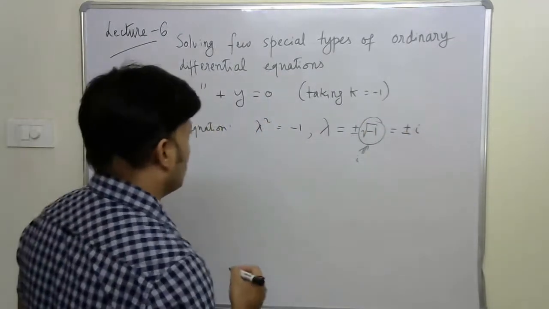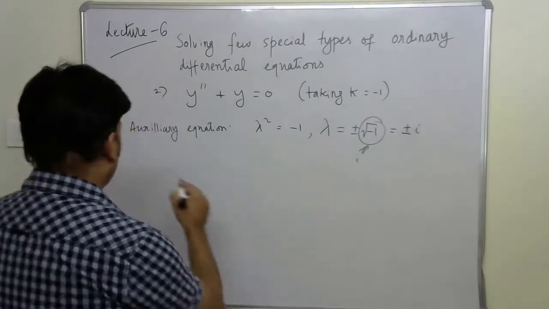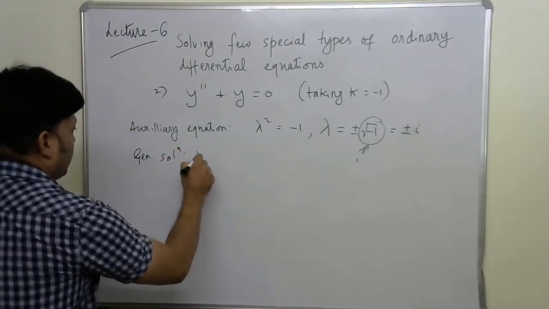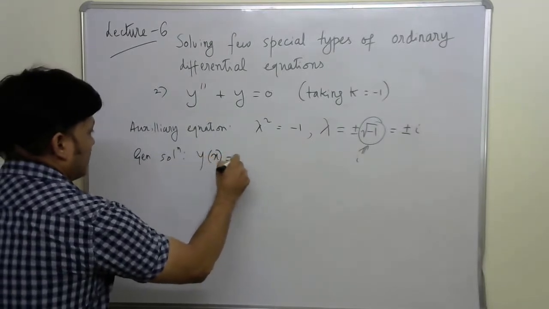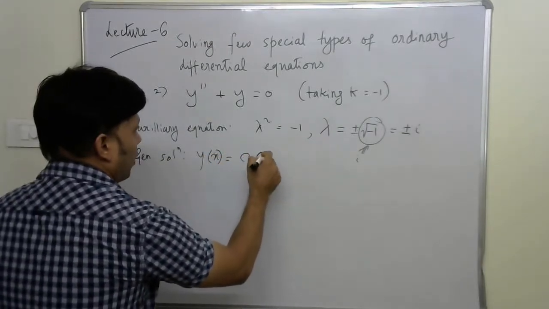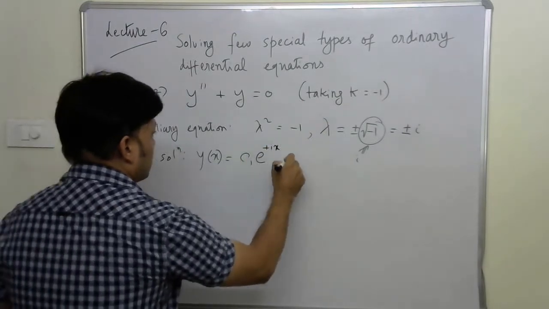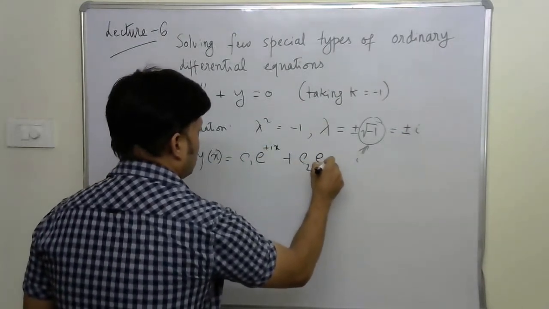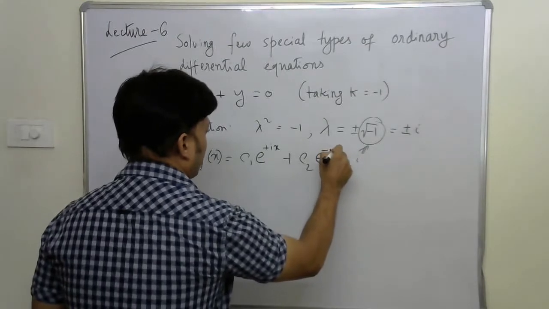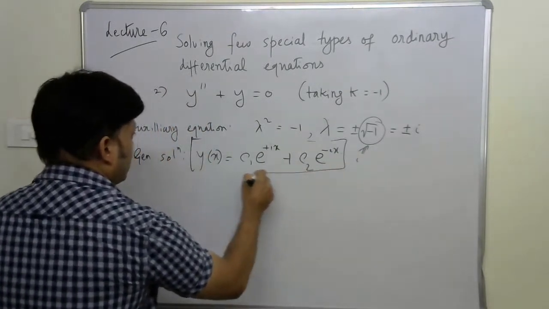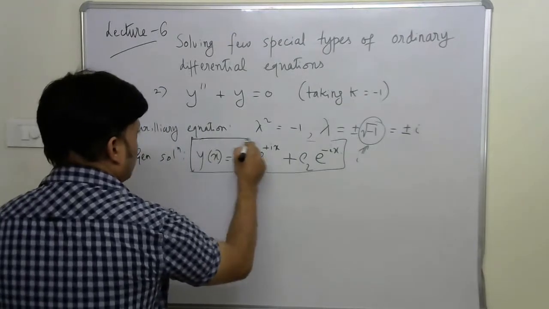Okay. So the general solution, of course, we can write y of x is equal to c1 e to the power plus ix plus c2 e to the power of minus ix. Okay. So obviously this is a complex number.